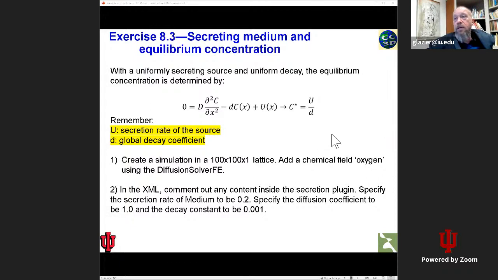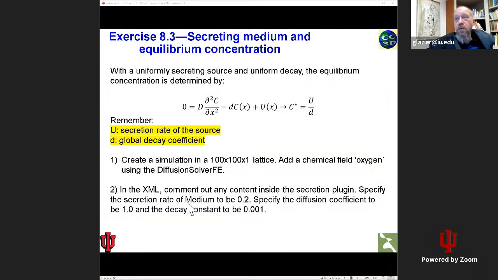So why don't we do that? Let us try this out. Let us create a simulation in which we have a 100 by 100 lattice. We'll have a chemical field called oxygen.